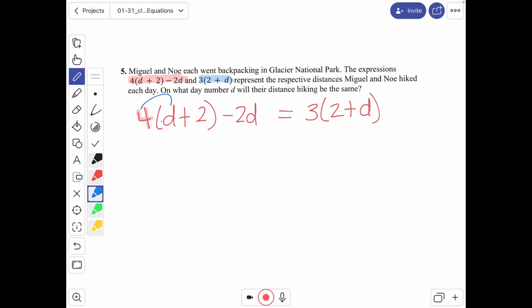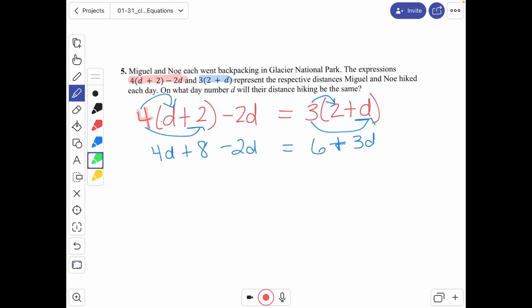So we're going to distribute first. 4 times d is 4d, plus 4 times 2 is 8. Then we have minus 2d, the equal sign. Then we're going to distribute the 3. 3 times 2 is 6. 3 times d is 3d. And then we need to solve the equation.